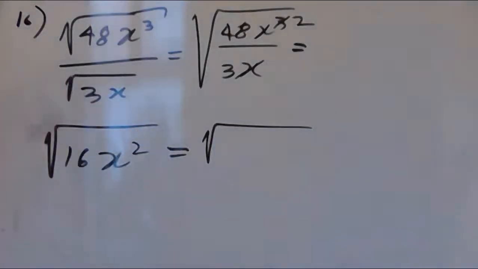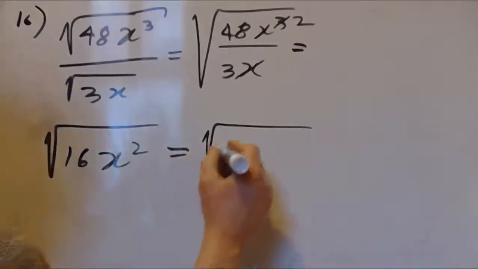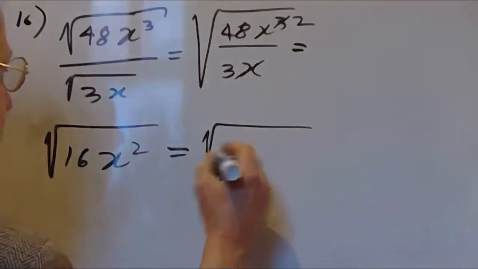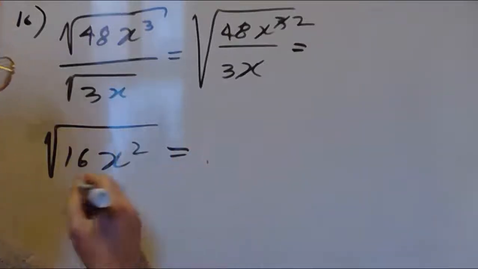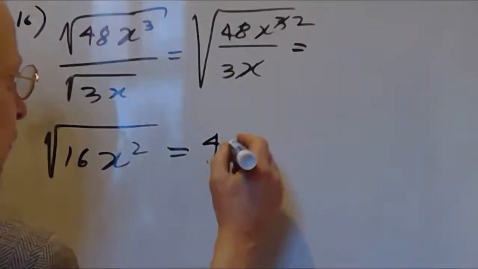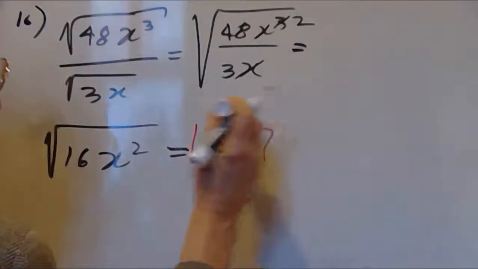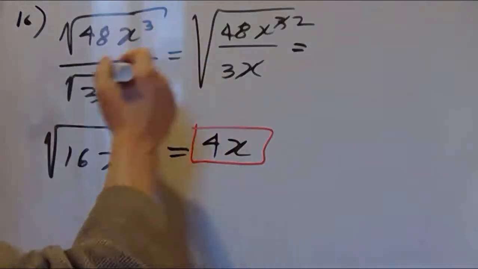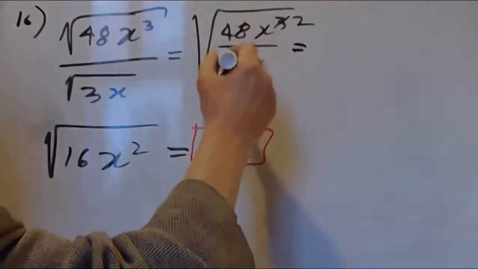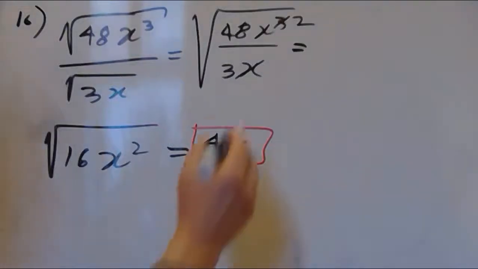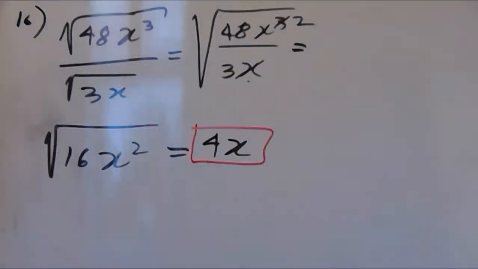So in here we have 16x squared. Now that's a perfect square, 4x, and that becomes our final answer. So we see that by putting this all under the radical sign, we can simplify the 48, and we can cancel out the x from the bottom to get this nice simple radical, which is all a perfect square, and end up with just 4x.